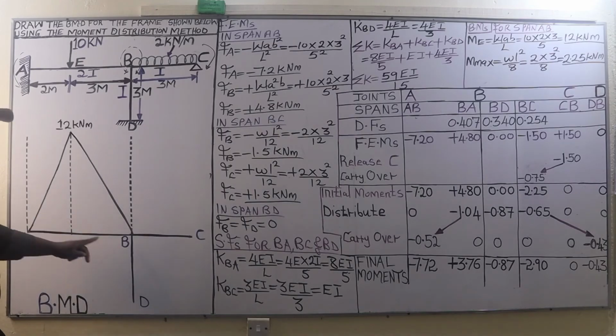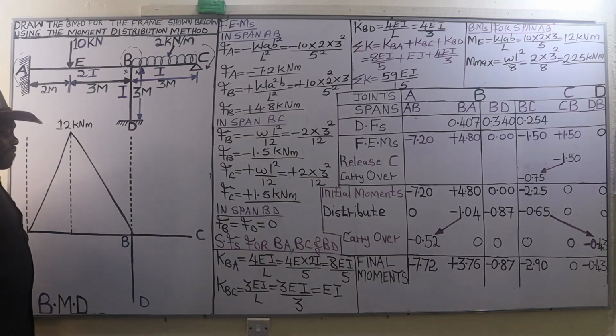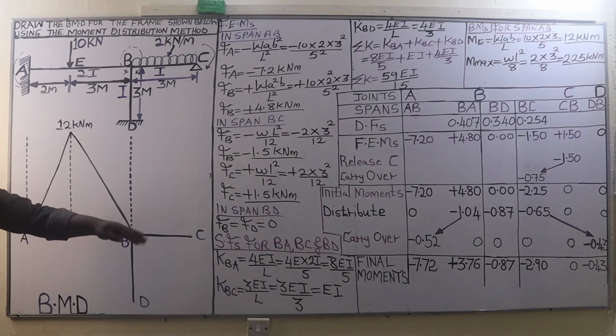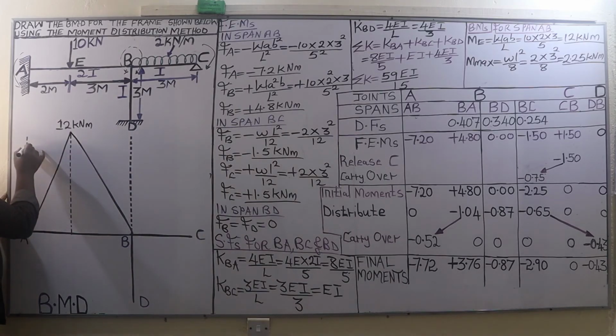Then we go to the span BC with 2.25. But before I draw it, let me plot the support moments. At A we have negative 7.72, just below 12. So here we have 7.72 kilonewton meters. We join that to the horizontal line.